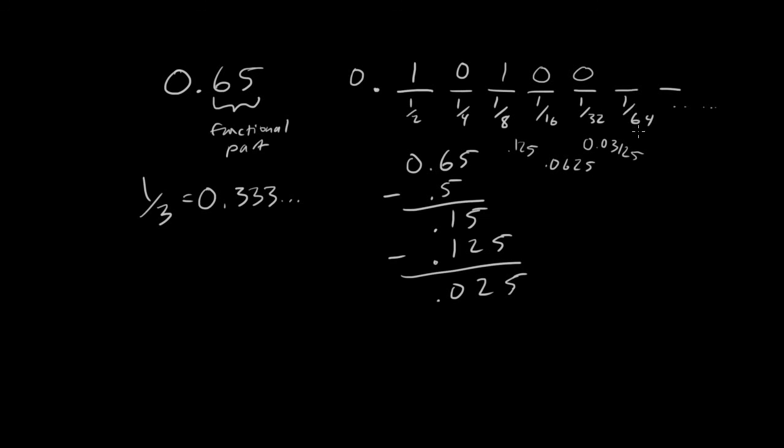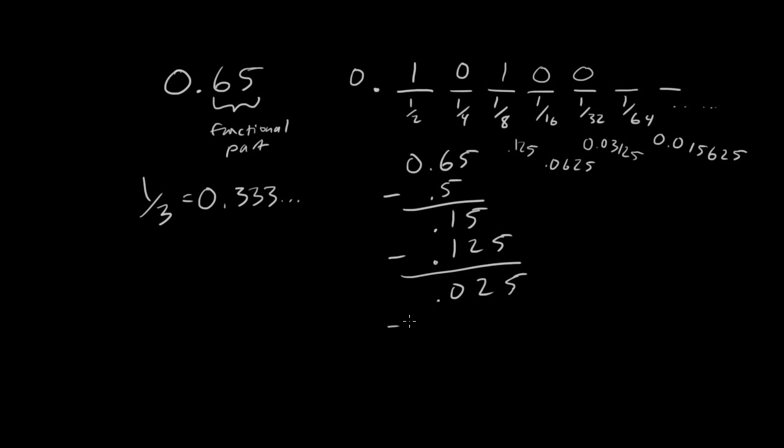But 1/64, that's going to be 0.015625, if I did that right. You can double check that really quick, but I think that's right. Now that actually does go into this thing over here, right?